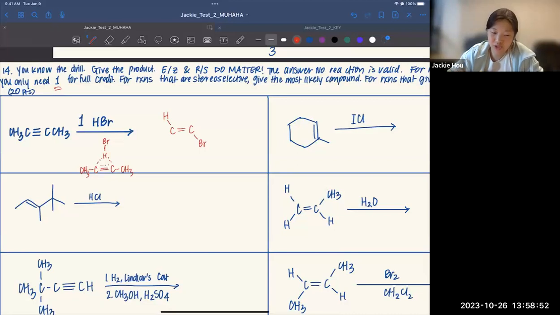Because it forms that intermediate, it blocks one of the sides, so the other bromine adds to the opposite side. This works in a very similar fashion. Because that hydrogen blocks one of the sides, the bromine has to add trans to it, and it's present trans in the alkene. So this would be perfect. And you do want to show stereochemistry with cis and trans for this specific reaction.